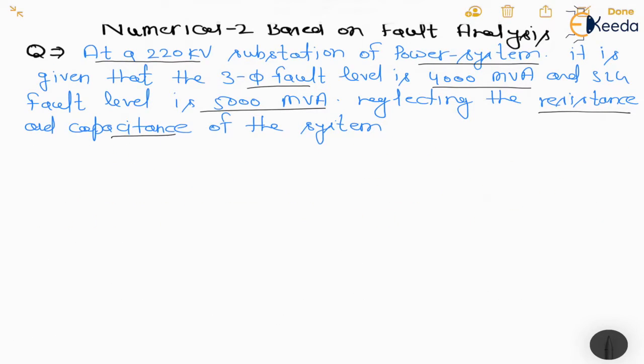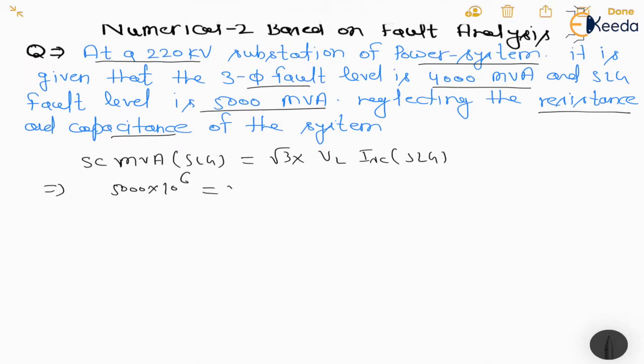The SLG fault level has also been given as 5000 MVA. So short circuit MVA of SLG is equal to root 3 times VL into ISC of SLG. So 5000 into 10 to the power 6 is equal to root 3 into VL, that is 220 into 10 to the power 3, into ISC of SLG.